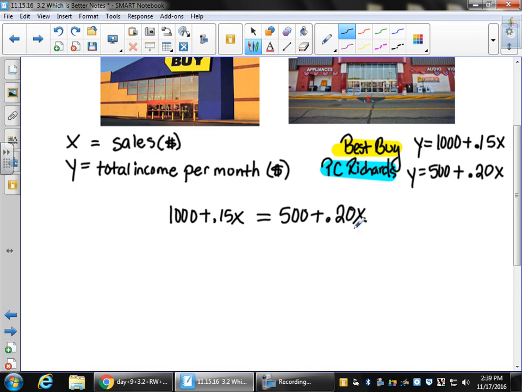Remember, this is a special case. It is a break even, y equals is the only time we can jump straight to setting up one equal to the other. Pause right here, please, and solve for x.